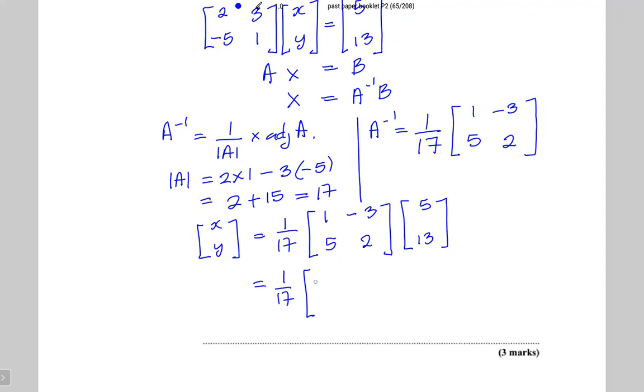1 times 5 is 5, minus 3 times 13 is minus 39. 5 times 5 is 25. And 2 times 13 is 26.